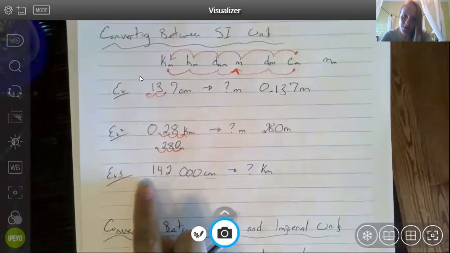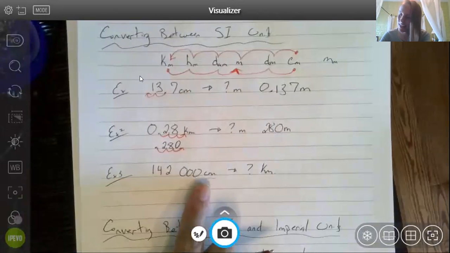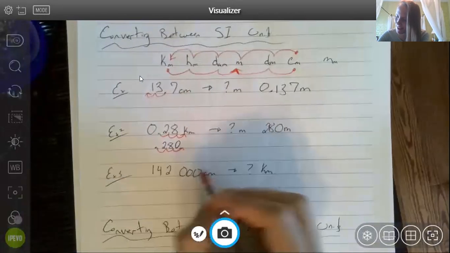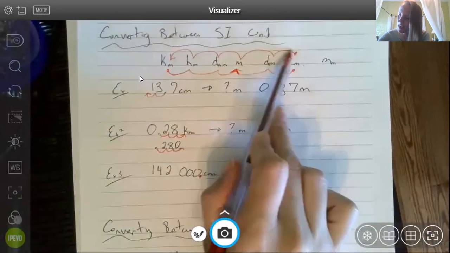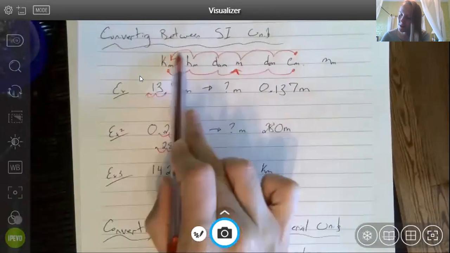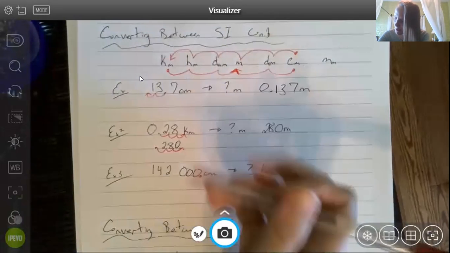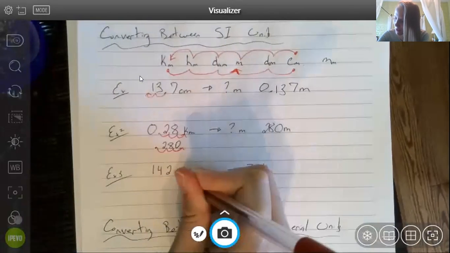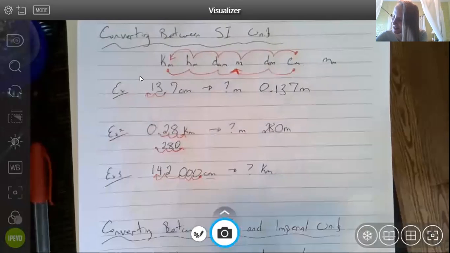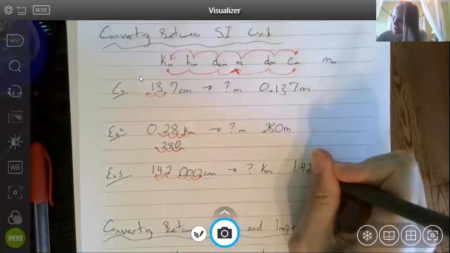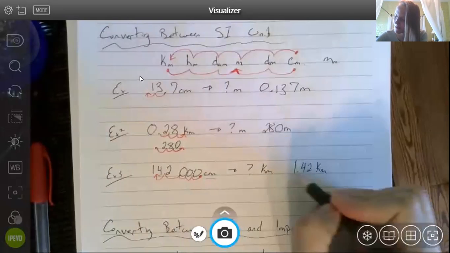In this case, this number doesn't already have a decimal in it, so we're going to just put the decimal at the end. And then, just like we did up here, I'm going to move 5 spots to the left. So 1, 2, 3, 4, 5. And so our answer is 1.42 kilometers.